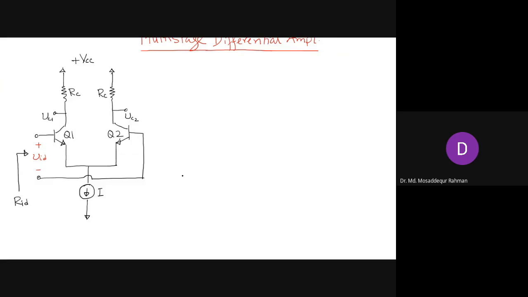That's why we go for a multi-stage amplifier. Take, for example, the two most important parameters of the amplifier. One is the voltage gain. The other is the input resistance, in this case RID.